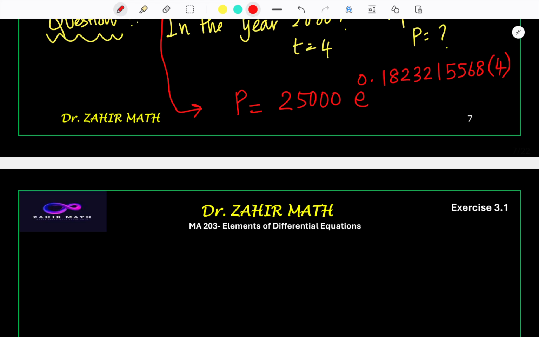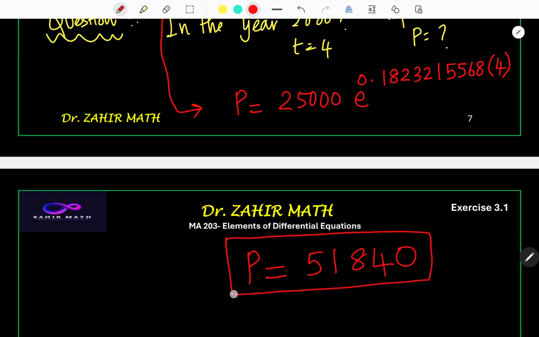I'm opening the bracket, closing the bracket, shift calc equal. When I press this, I'm getting the population P is equal to the exact number 51840. So this is the population in the year 2000. It has already gone past 2000.